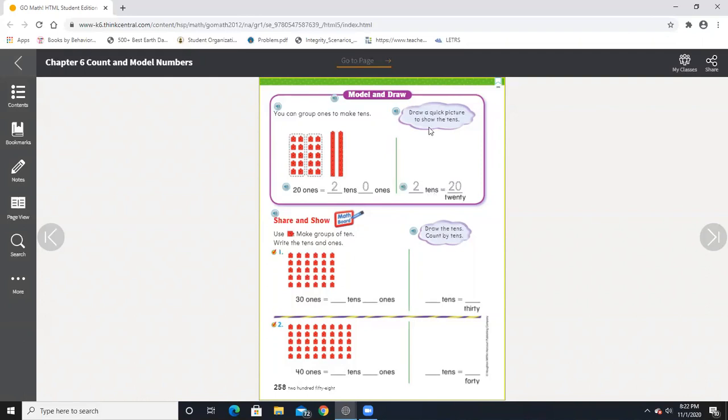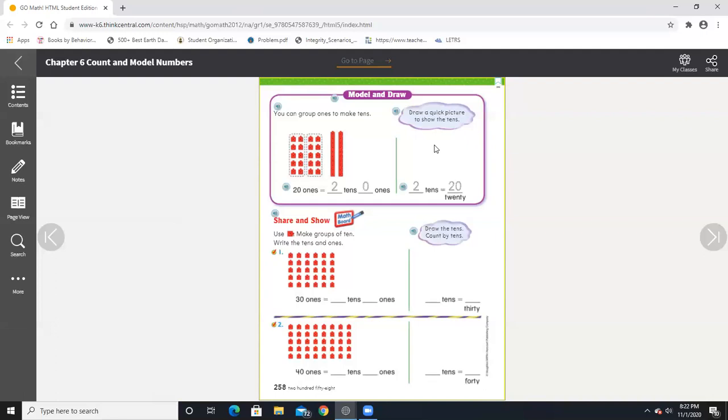So remember, when we draw a quick picture, that is simply our line that's going down. So how many lines do we need right here? That's right, you would need 2 lines. Remember, those lines that we draw, they represent 10.